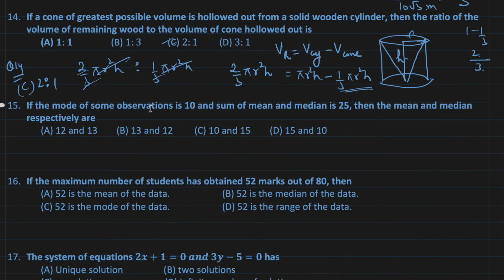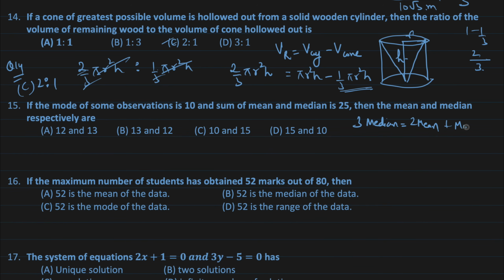If the mode of some observation is 10 and the sum of mean and median is 25, then the mean and median respectively are. I hope you know the empirical relationship, the formula, which is 3 median is equal to 2 mean plus mode, right?